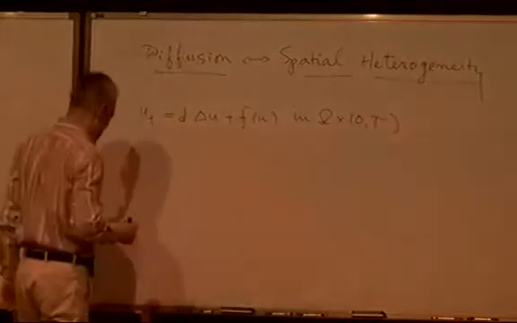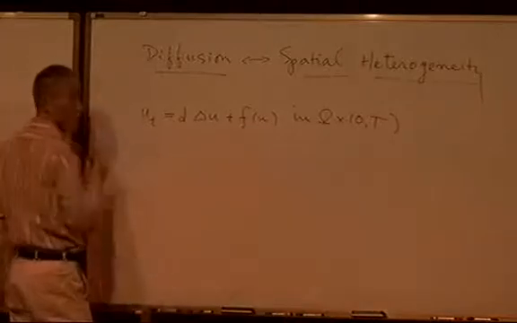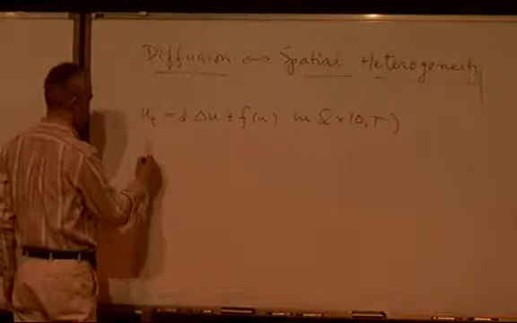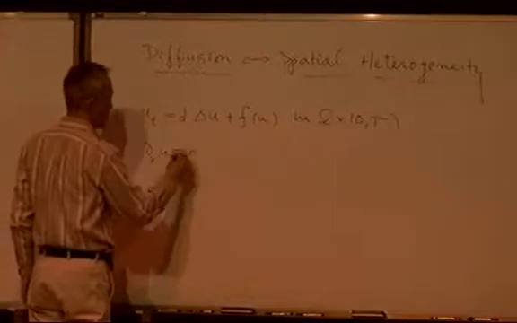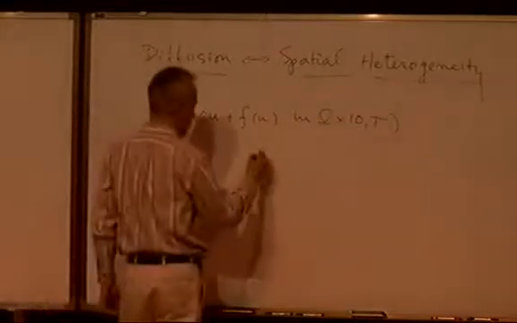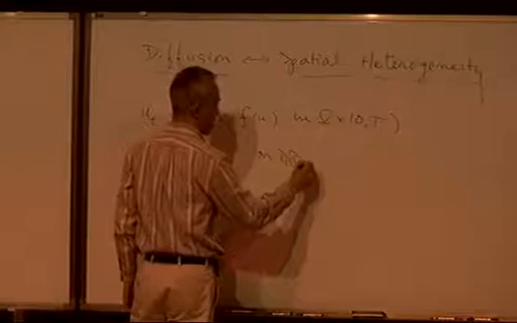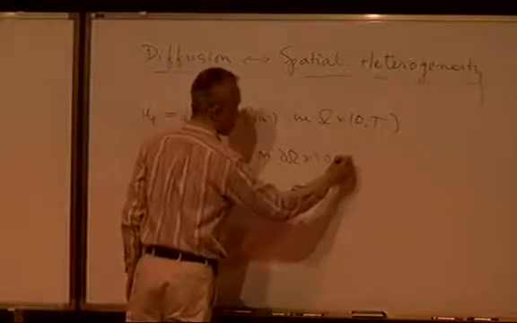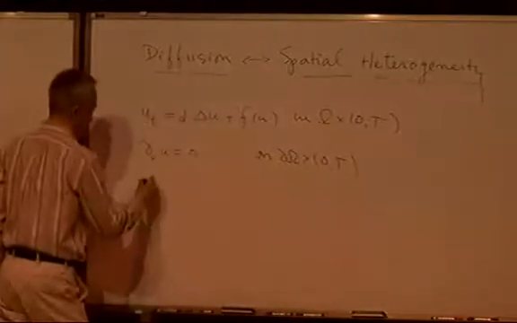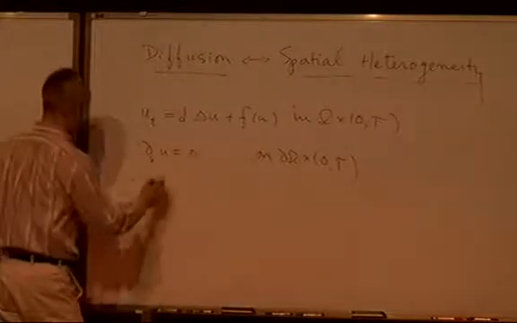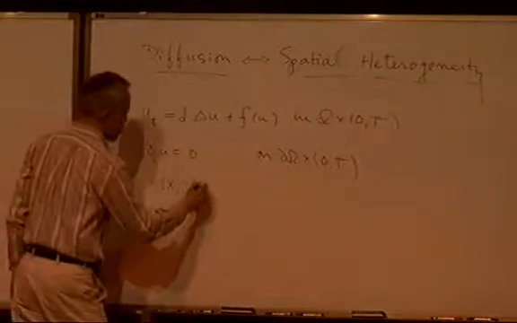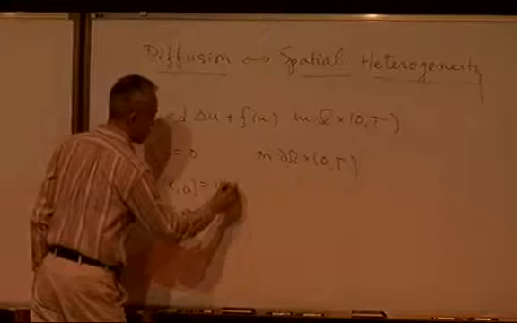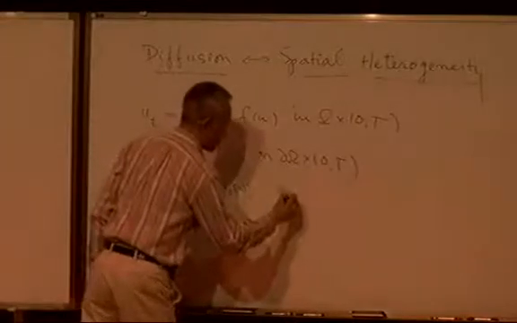Capital T can be infinity, and then we use Neumann boundary conditions. We always talk about Neumann boundary conditions. If I don't specify the boundary conditions, that means Neumann. And this is a parabolic equation, so we also have the initial value, u_0(x) in Omega.